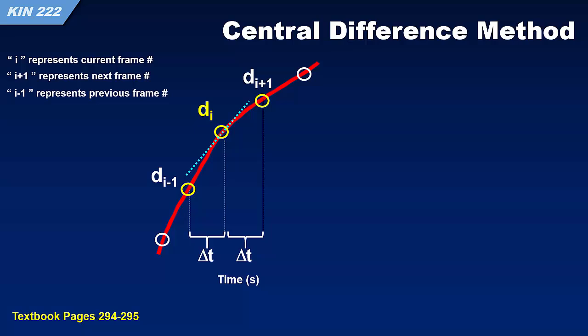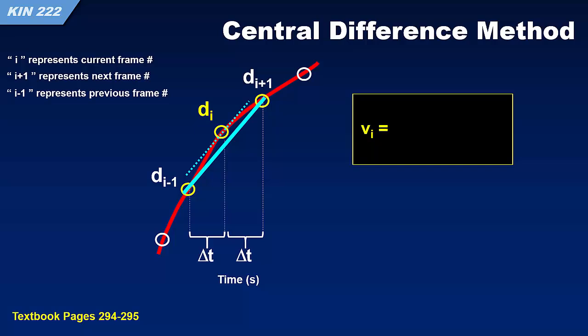That's where the central difference method comes in. The idea is that you can approximate the instantaneous slope, or instantaneous velocity, at point i by taking the slope between the point before it and the point afterwards, in other words, the slope of that solid blue line.